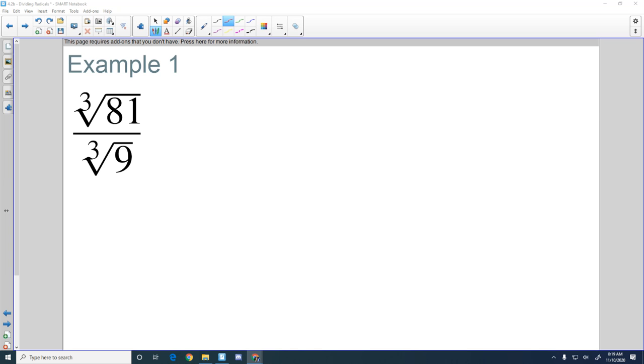So the index in the denominator is a 3. That 9 has an exponent of 1.